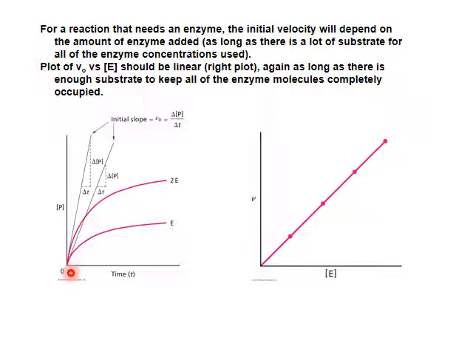You add some enzyme and the reaction goes. You'll have an initial linear burst of velocity, and then it'll level off as substrate is depleted, just like we saw in the uncatalyzed reaction. If we add 2 units of the enzyme, we should see a doubling of the initial velocity, and it will level off in a similar fashion.